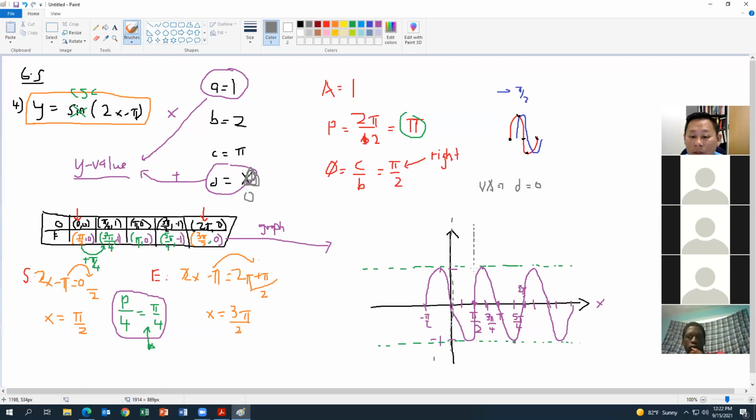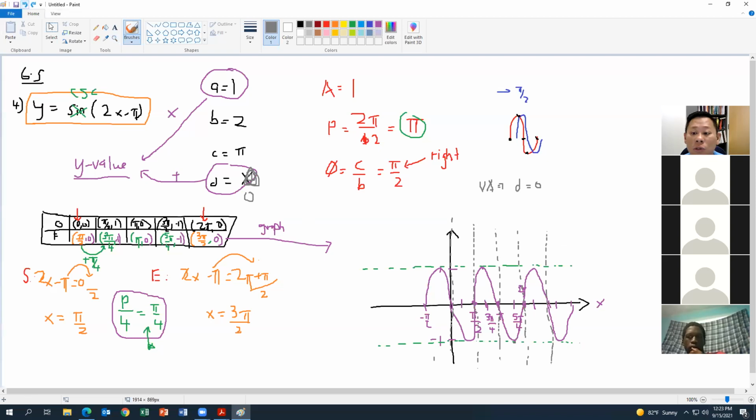It will be at 0, pi over 2, pi. This is your vertical asymptote in this case. So make sure you know that the d that you figure out here determines where you draw your vertical asymptote line.